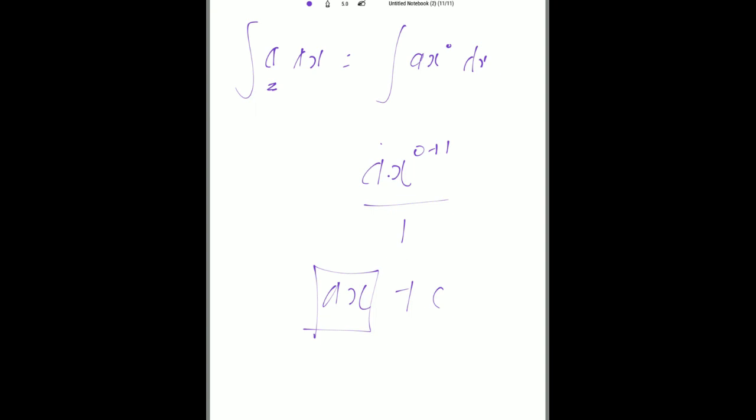So let's say that we're integrating a function f of x, and that function is being multiplied by that same constant a, and we're integrating that. All we need to do to make it simpler is to say it's a times the integral of f of x with respect to x.